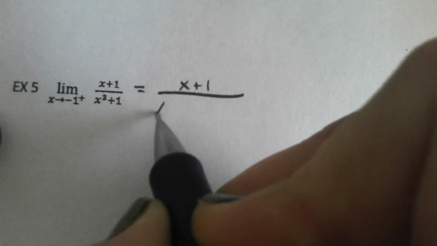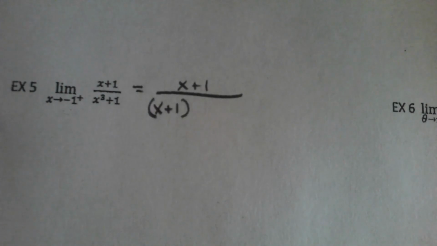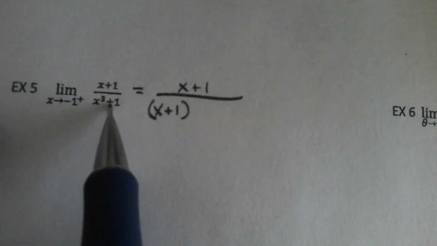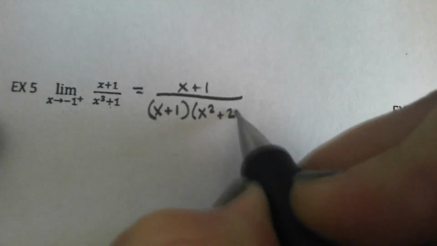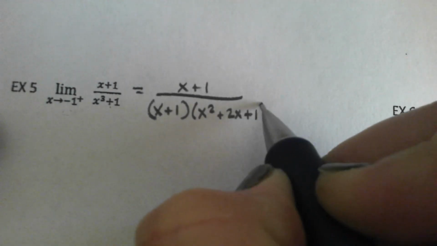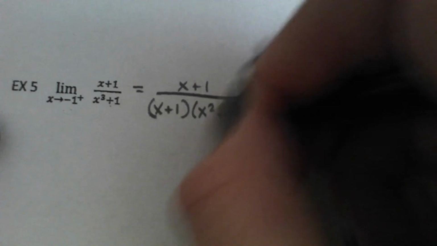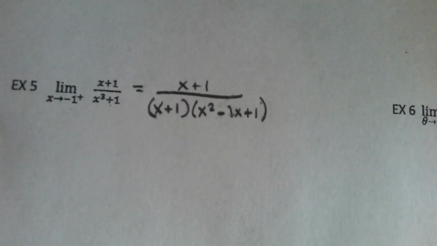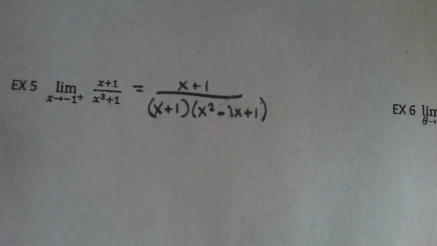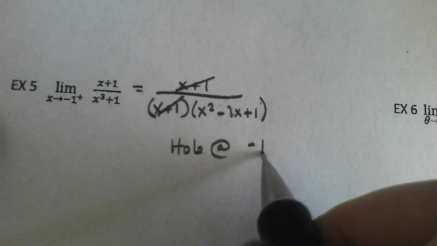Right. That question I just asked is probably a little premature because we can factor and cancel and simplify this first, right? Sum of perfect cubes turns into x plus 1, x squared minus x plus 1. The x plus 1 cancels, which tells me there's a hole at negative 1.